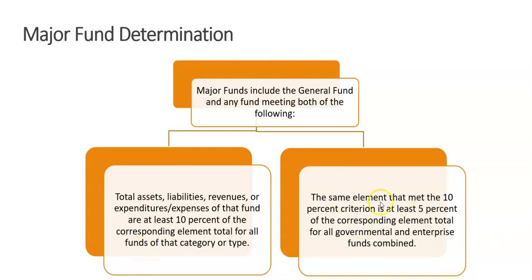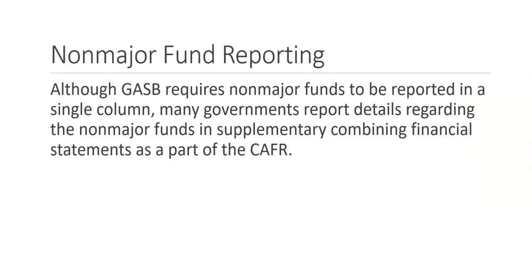Then the same element that met the 10% criterion must be at least 5% for all government and enterprise funds combined. So it's a materiality issue that determines whether it's a major fund or not.